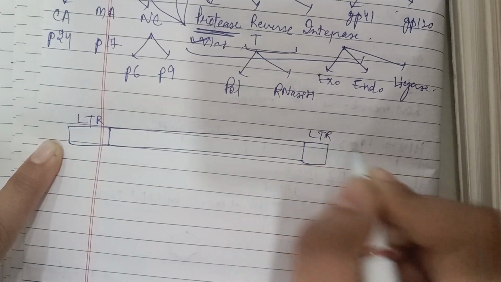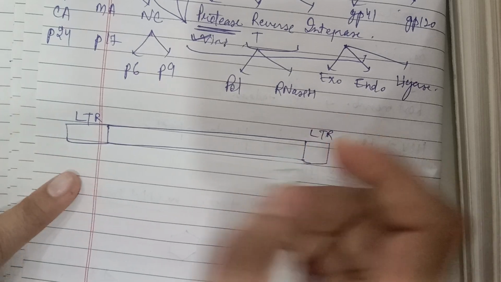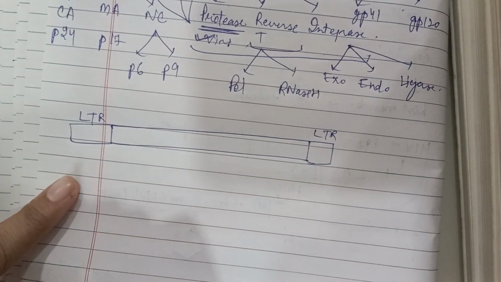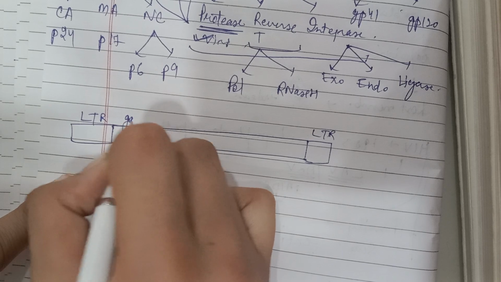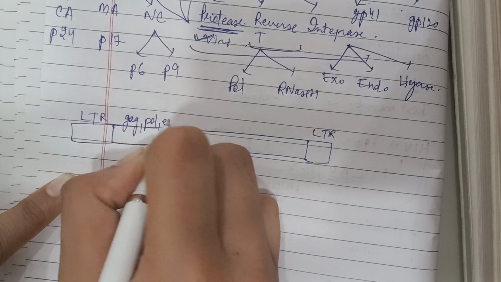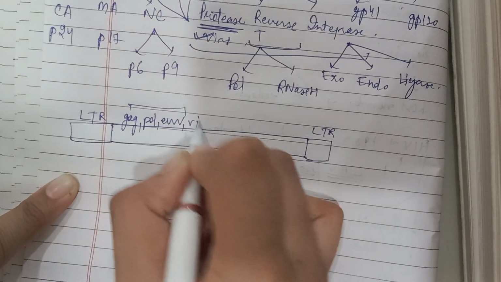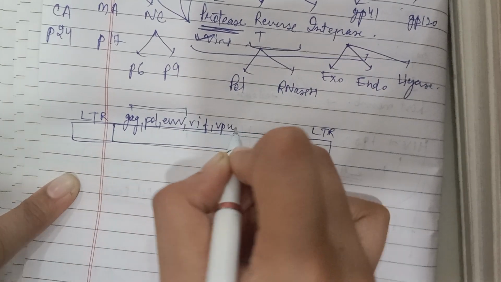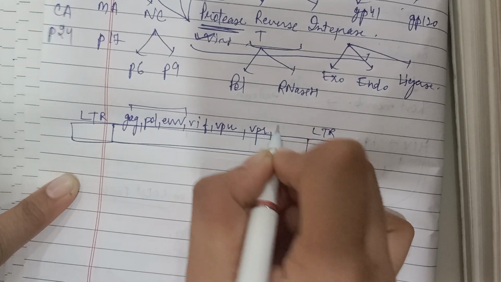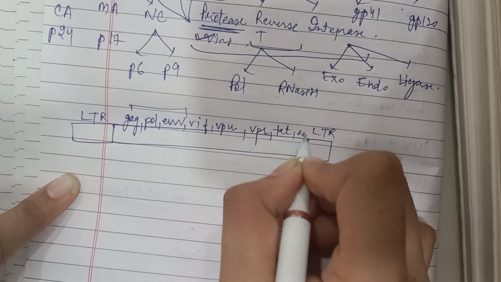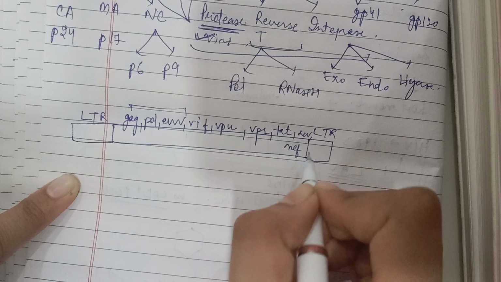That is, a repeat sequence is present at both the ends, and there are 9 genes in between. They are GAG, POL, and ENV. These three are common, but additional genes are VIF, VPU, VPR, TAT, REV, and NEF.